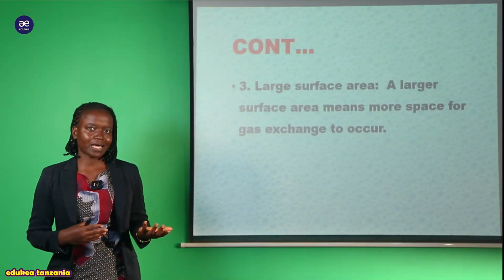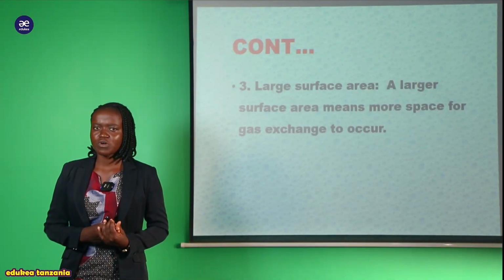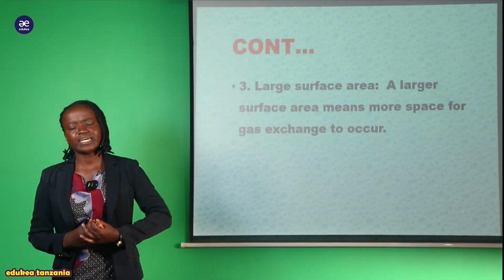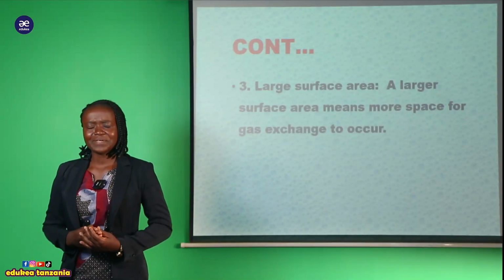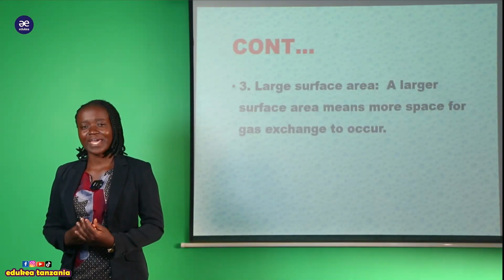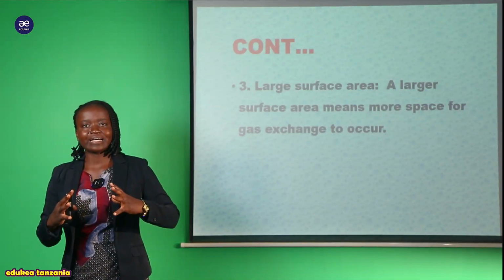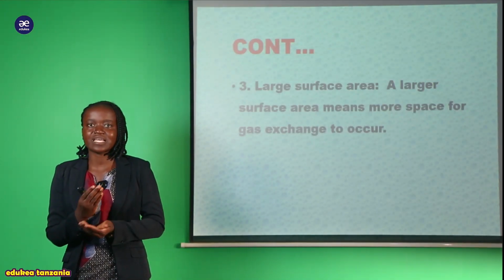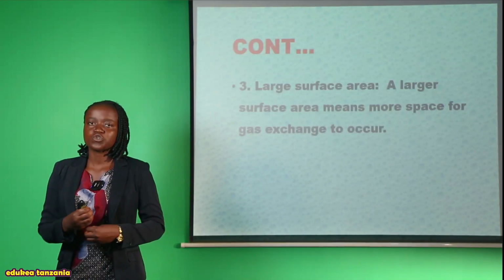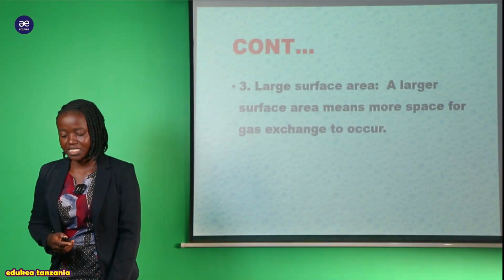If you can remember, while we were discussing the structure of the alveoli in the human, we have seen that it is about 80 meter square. Inakuwa na eneo kubwa sana. Ile eneo kubwa sana tunasema kwamba inasaidia ile diffusion of a gas to occur very easily.